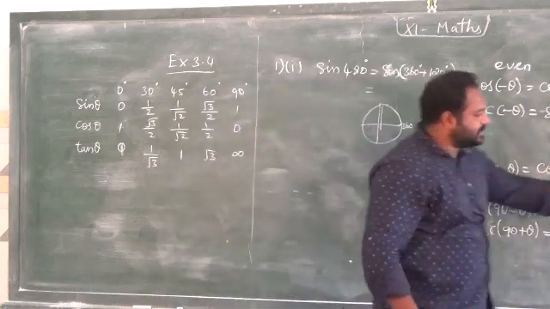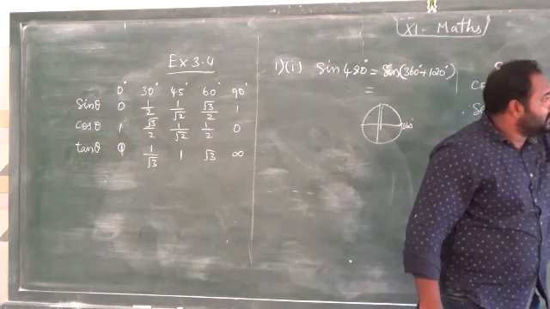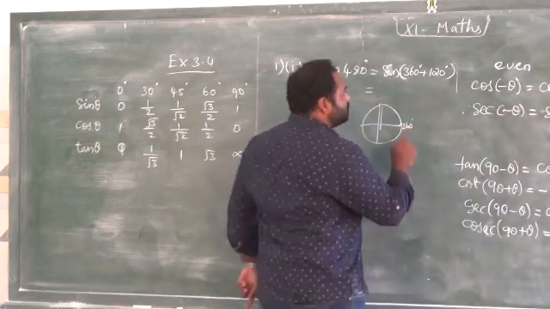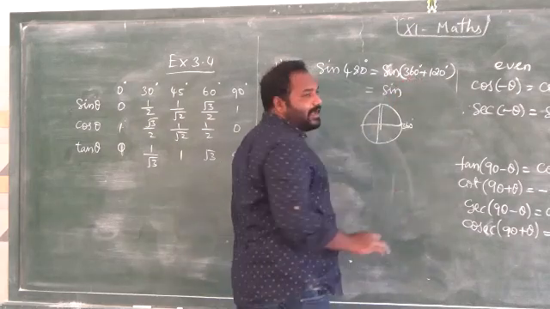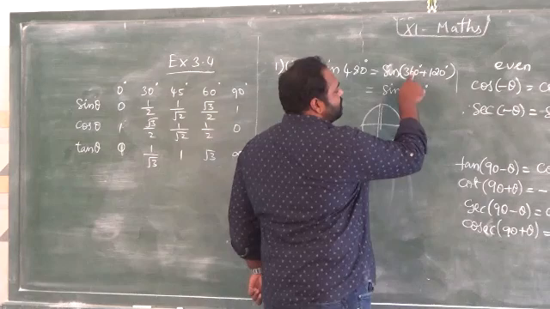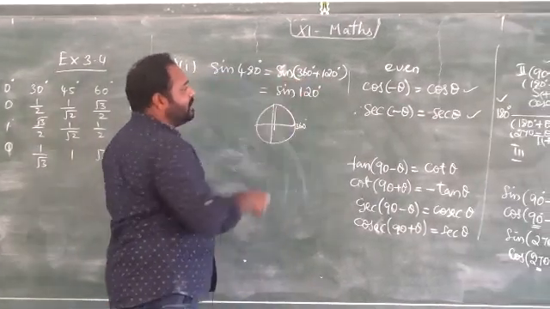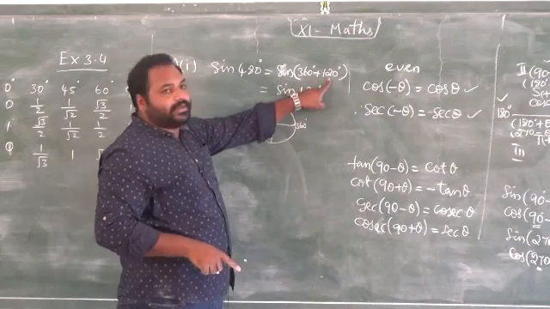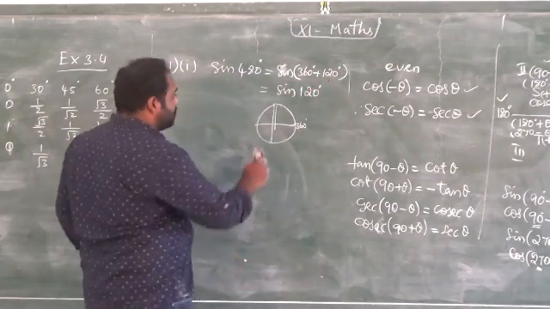In this case, sine 360 plus 120, which quadrant? First quadrant, positive. We don't have any change in the function. One complete rotation is over, so we just eliminate this 360. Only 120 remains.